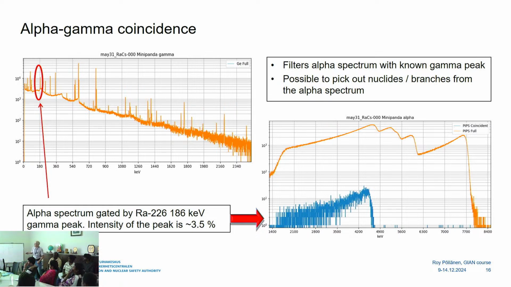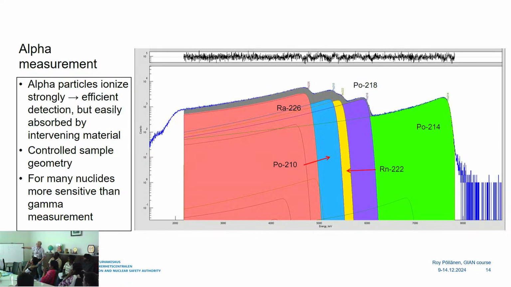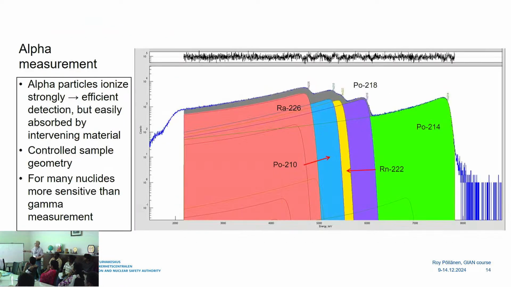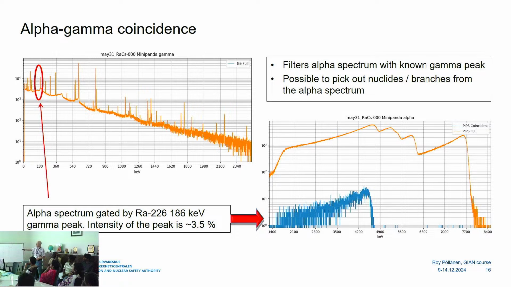In this case, this is the same spectrum as shown here. This one. So this is the analyzed spectrum, but if we don't have a good analysis program, what can be done?